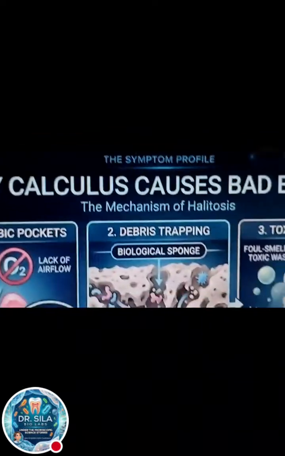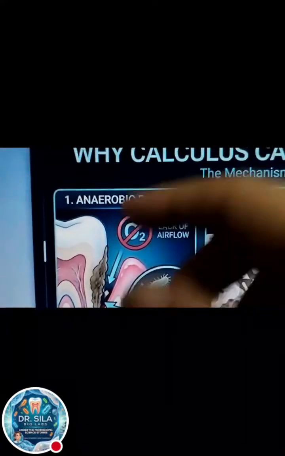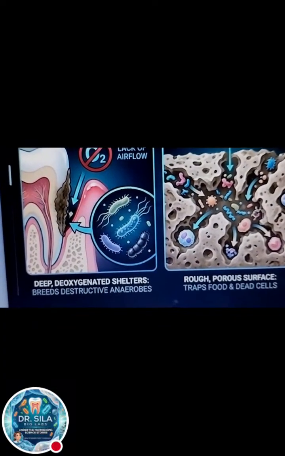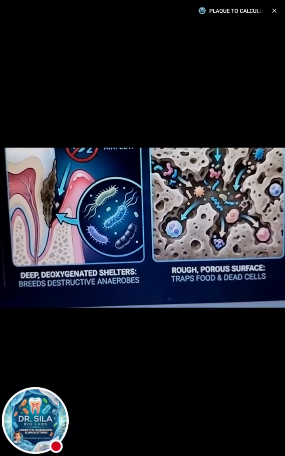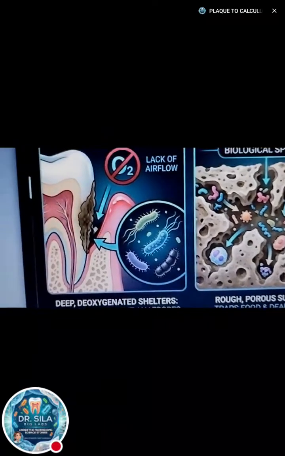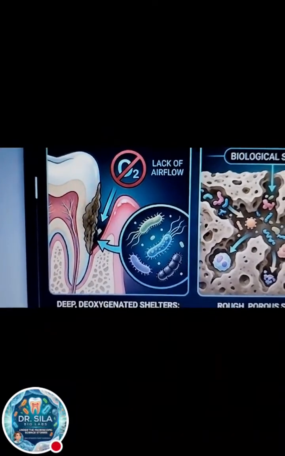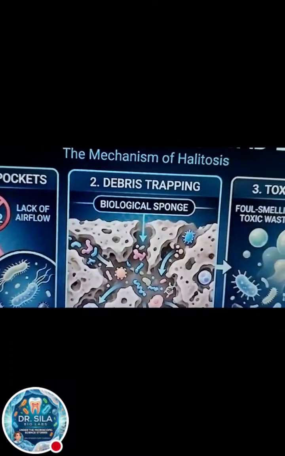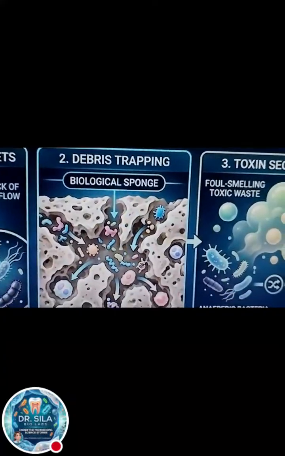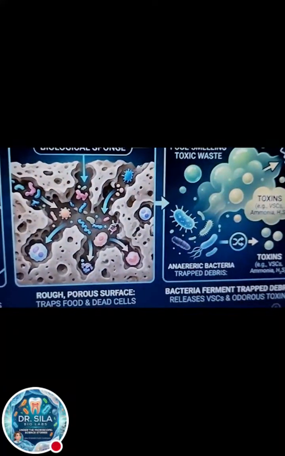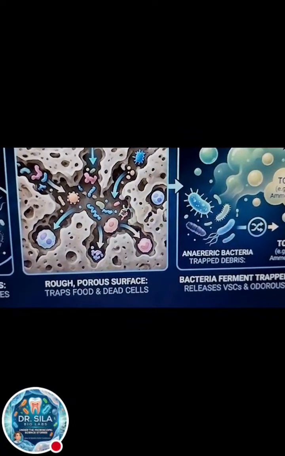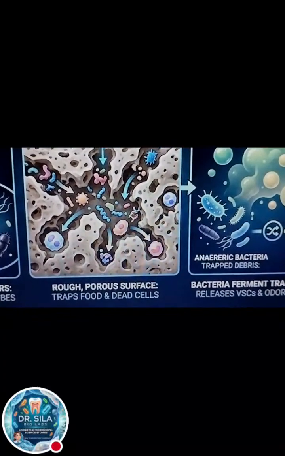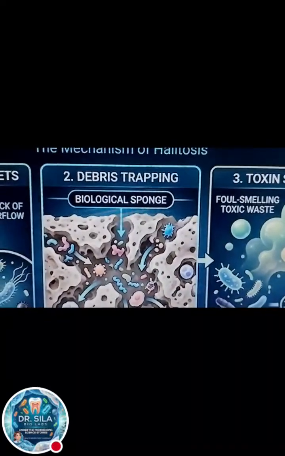The mechanism of halitosis, bad breath. Anaerobic bacteria: lack of airflow, deep deoxygenated shelters, breeds destructive anaerobes. It's going in the periodontal pockets, you can see. Then debris trapping: it acts like a biological sponge, and the rough porous surface collects and traps food and dead cells.